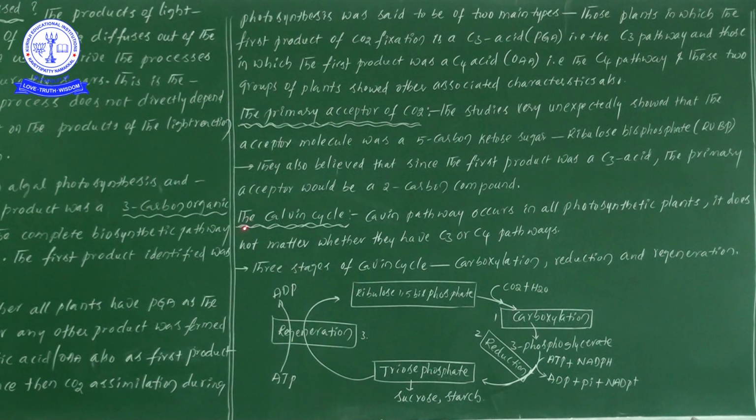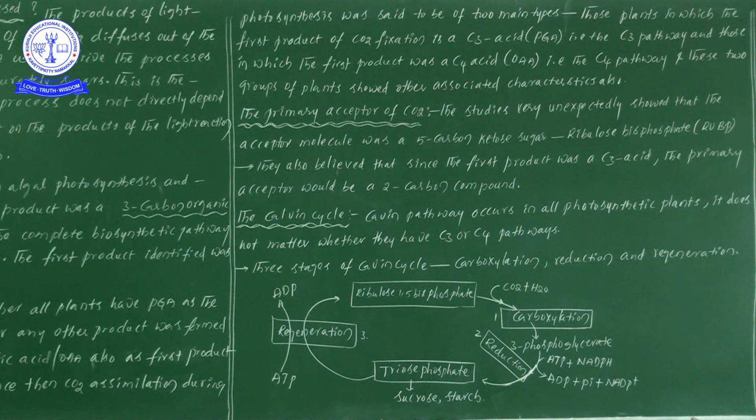Now let us start the Calvin cycle, which was given by Melvin Calvin. Melvin Calvin experimented tremendously on algae using radioactive carbon 14. The Calvin pathway occurs in all photosynthetic plants. It does not matter whether they have C3 or C4 pathways.